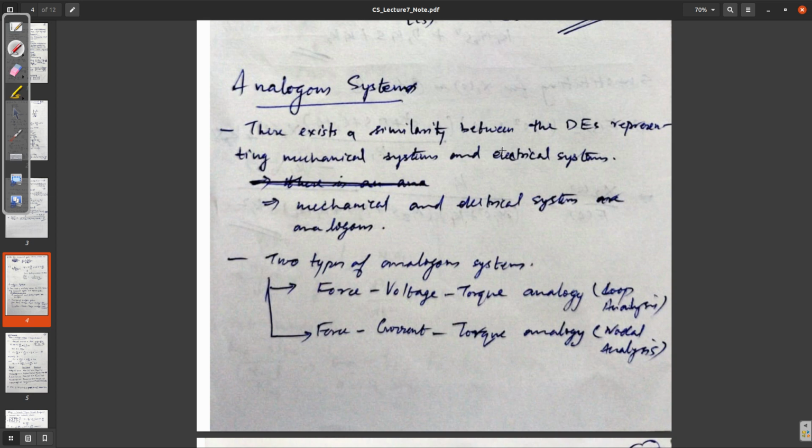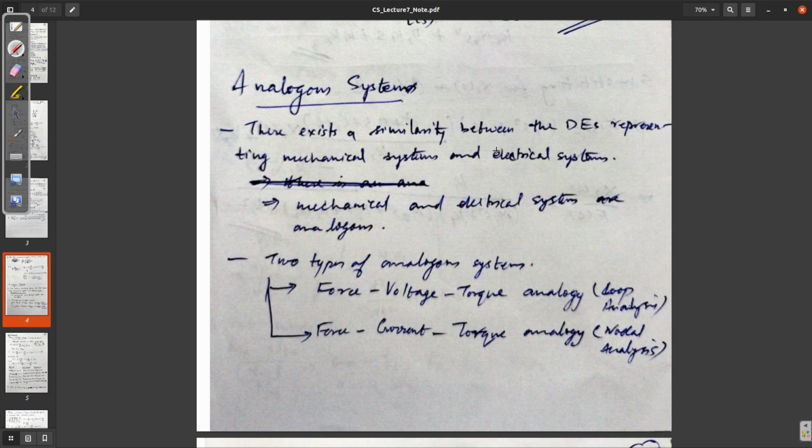Similarly, we can represent electrical systems, electrical networks, in terms of voltages, currents, resistance, inductance, capacitance, which are also differential equations.